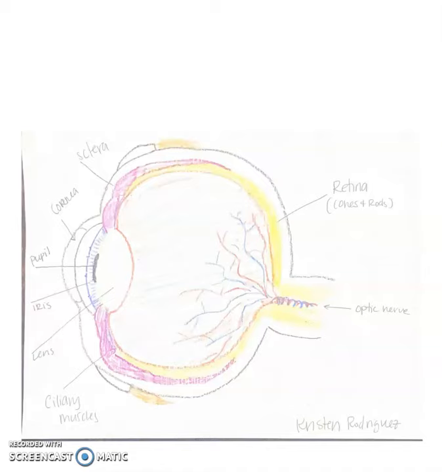It comes in two types, dry and wet, but each requires a different treatment approach. The treatments can include certain medications, therapies like photodynamic therapy, and low vision rehabilitation.